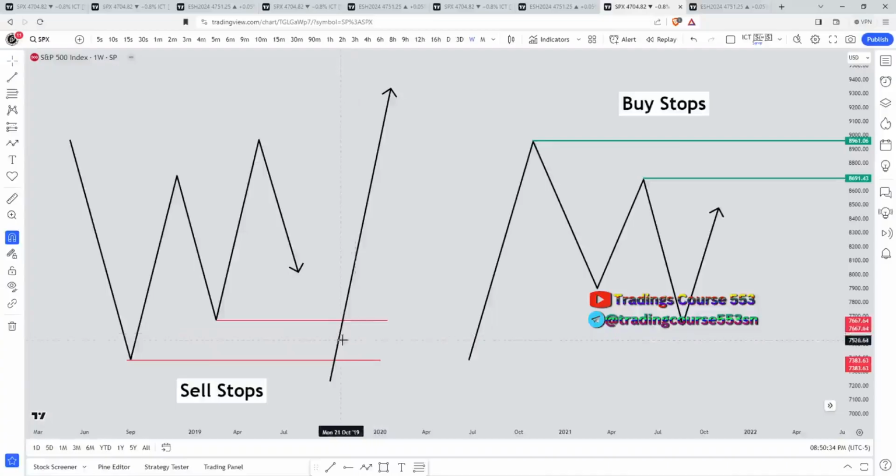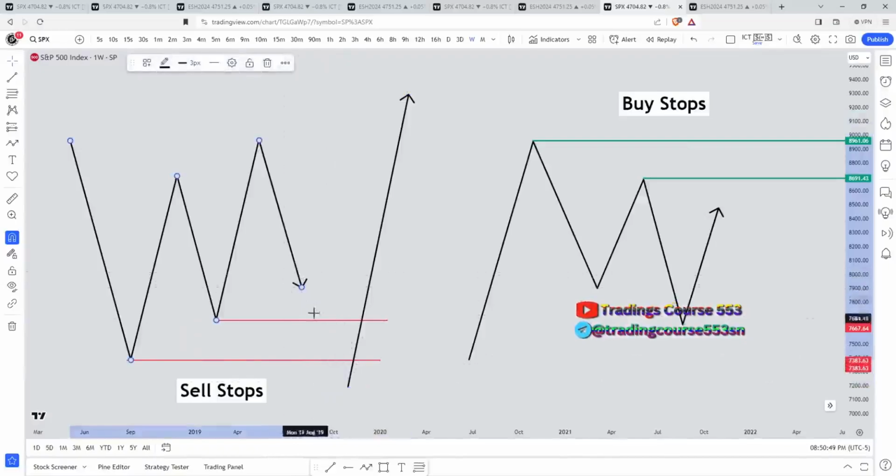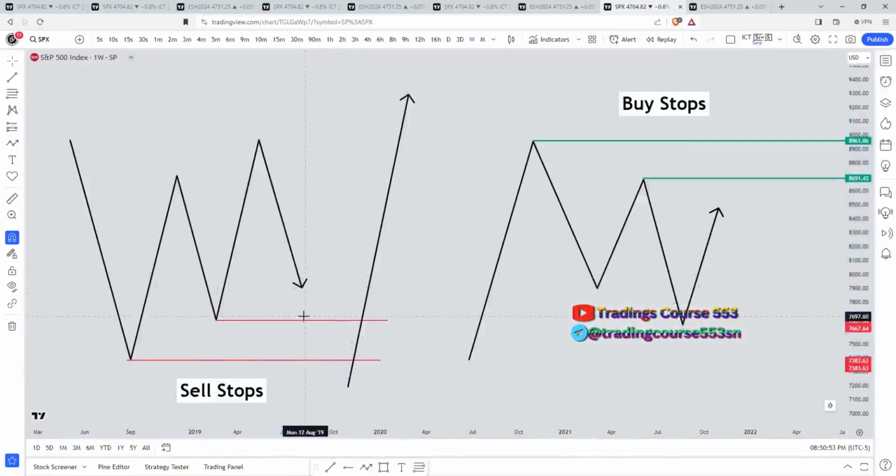Let's say, for example, we're just going to use extremely basic numbers right here. Let's say that smart money wants to buy $10 worth of the S&P 500 right here. This is just for example purposes. So they want to buy $10 worth of the S&P. But let's say retail collectively is only willing to sell $5 at that level.